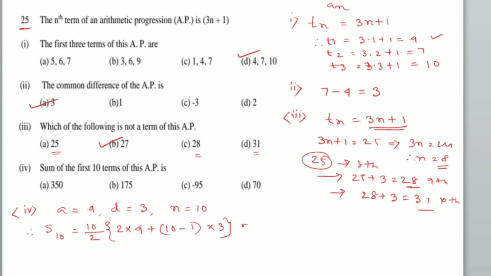So it will be 5 into 2 fours are 8 plus 9 into 3 means 27. Therefore it is 5 into 35, and we can write it as 175. So option B will be the right answer.